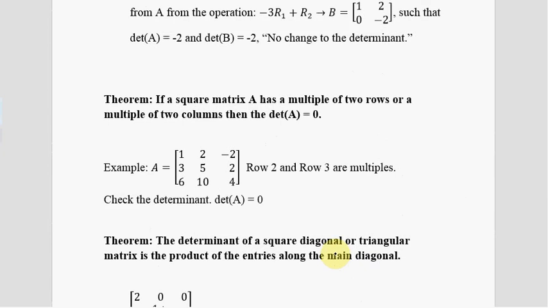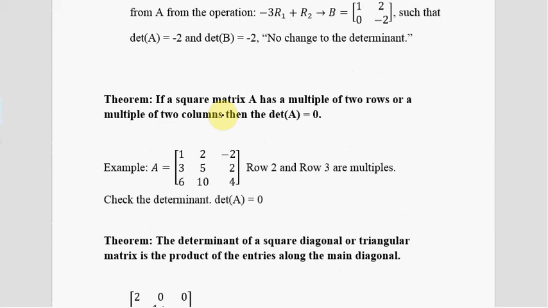Here's something neat, I think, before I get there. If a square matrix has a multiple of 2 rows or a multiple of 2 columns, when you're reducing that matrix in reduced row echelon form, you can get rid of one of those rows or columns, whereby you get all zeros in that reduction.